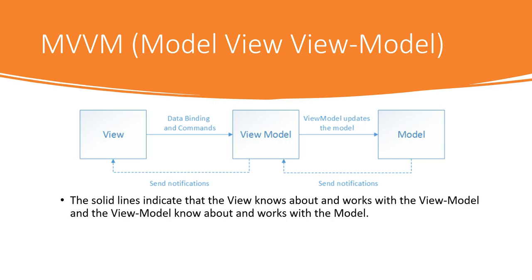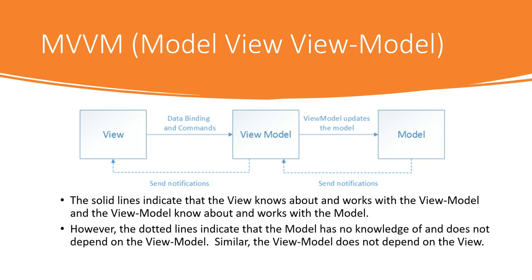So the view knows about the view model, which knows about the model, but the dotted lines indicate that the model has no knowledge of, doesn't have any concern or care or any dependency on the view model. It can send notifications, and that's fine, but it doesn't really care much about the view model in terms of what it has to get done.